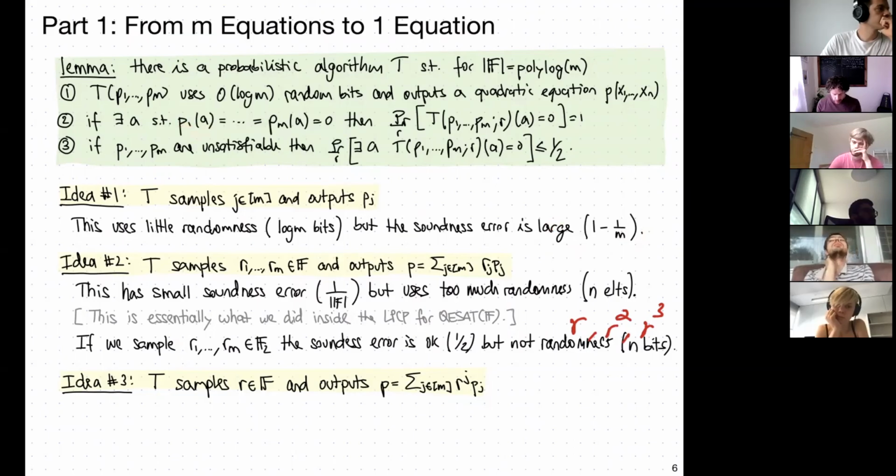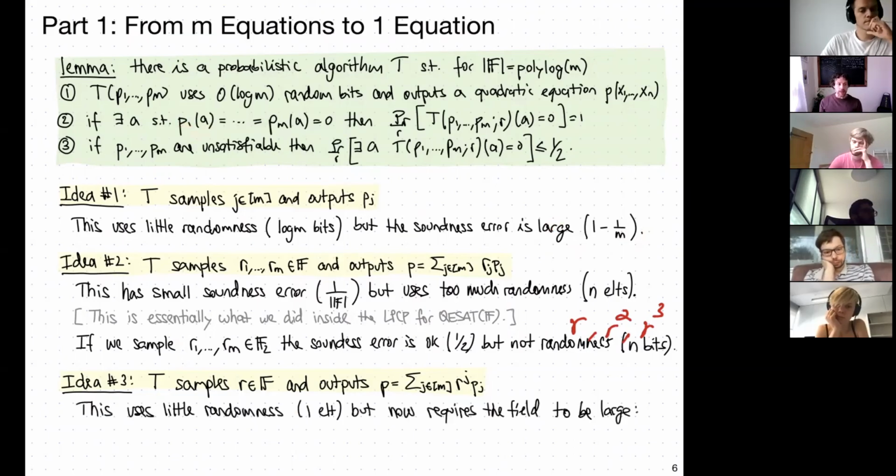Okay, so I have to move on. And what we'll do next is look at this idea of using pseudo-randomness here. And this idea would use very little randomness because it's exactly as much as we had in idea number 1, which is to choose a single random element.